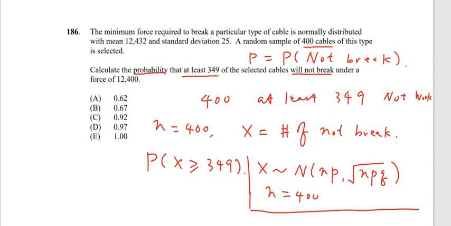So what is such a probability? So let's say it's about the force required to break this cable. Suppose this is something. The force follows a normal distribution. The mean is thus, and the standard deviation thus.